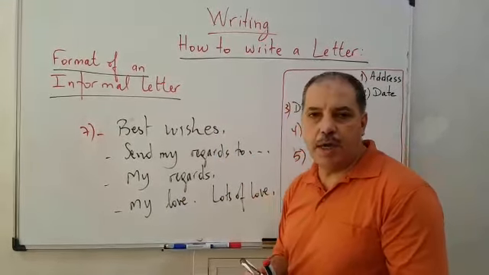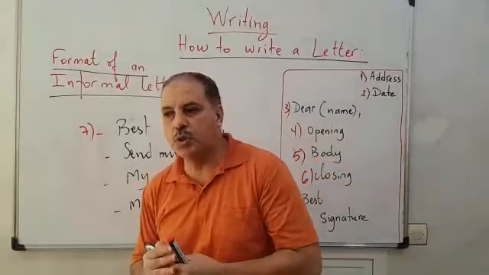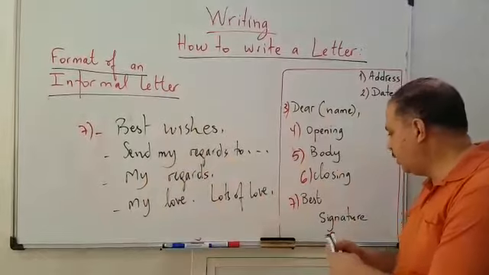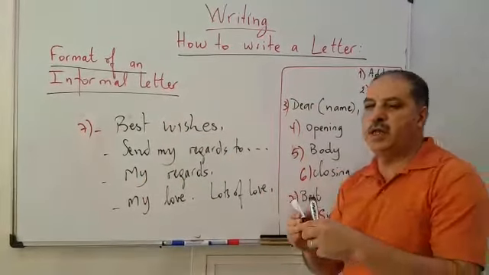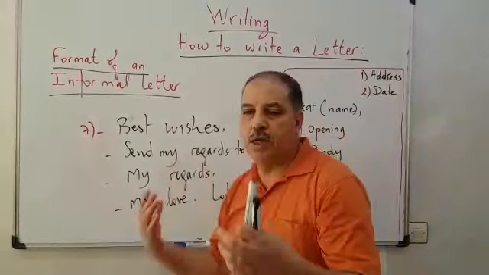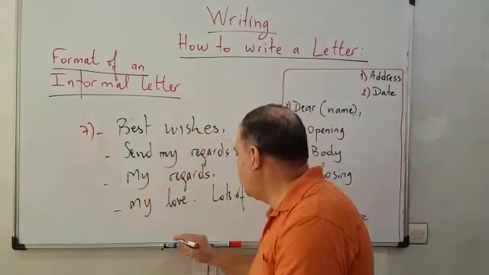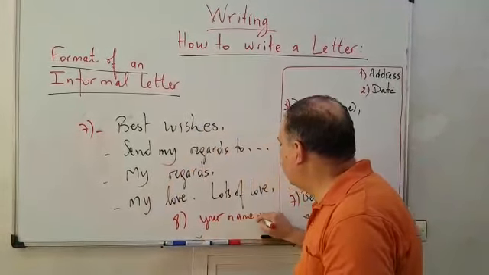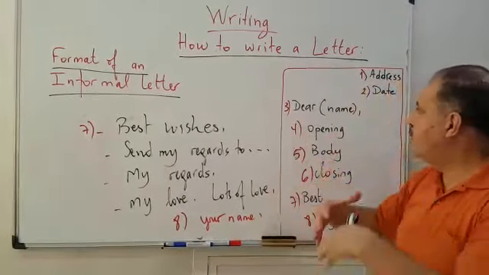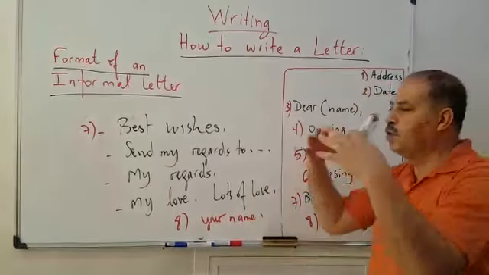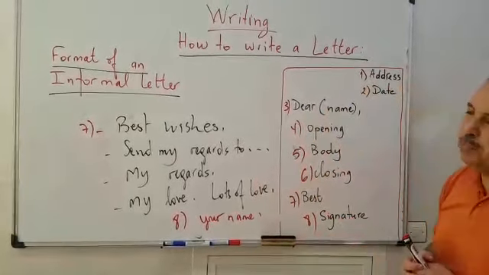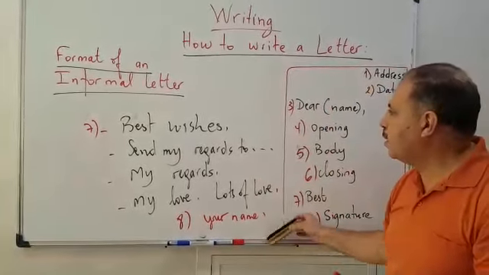There are many expressions we use to finish our letter, and then at the end you sign your name. Sign here your name. So that's the format of an informal letter and how your paper should look like.